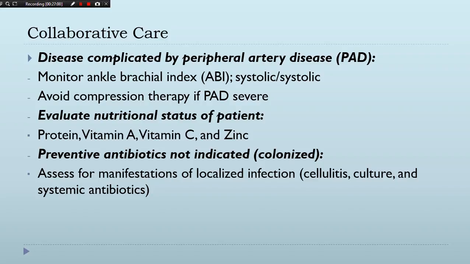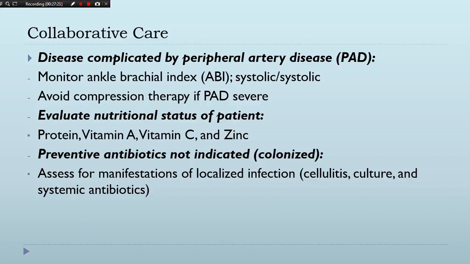If our ABI is too low, we would not want to do compression therapy in somebody who's got venous insufficiency as well as PAD, because we can actually compress the arteries. Even though the patient's having a venous problem, we don't want to reduce the blood flow to that leg.